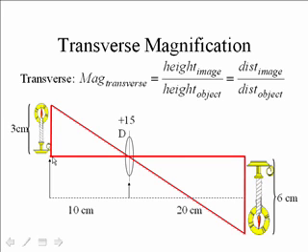So if we know that this base is 10 centimeters and this height is 3 centimeters, and we know that this base is 20 centimeters, then we know that this height must be 6 centimeters, right? 20 over 10 is equal to x over 3. So x must be 6.